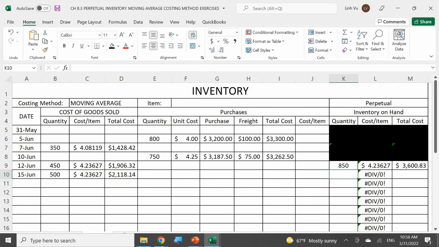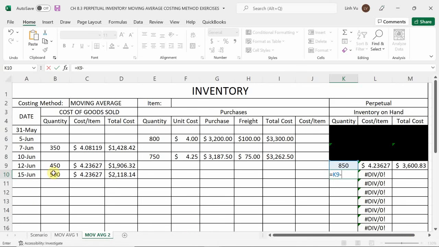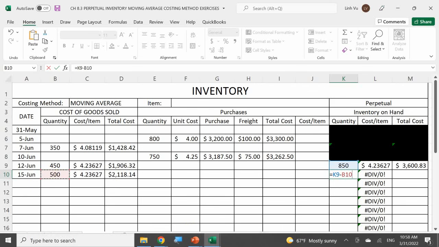Okay. So again, now I need to subtract more because this time I sold. I need to adjust my inventory accordingly because now I decreased it. I started out with 850 and I sold 500, so I should be left with 350. Okay.